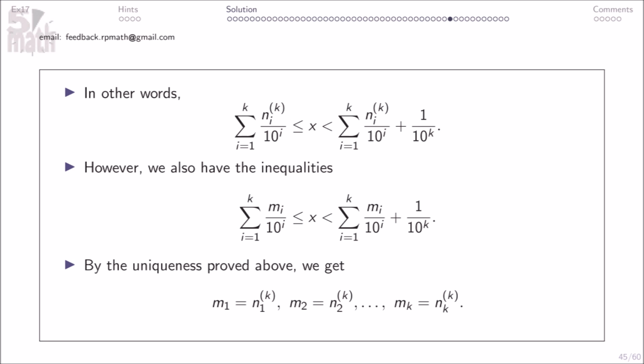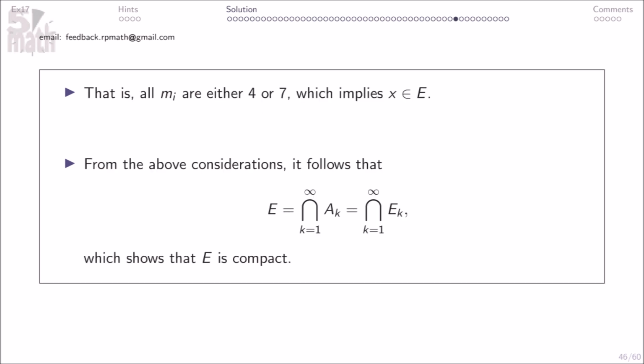However, we also have the inequalities here. By the uniqueness proved above, we get the following. That is, all mi are either 4 or 7, which implies x is in E. From the above considerations, it follows that E equals the intersection, which shows that E is compact.